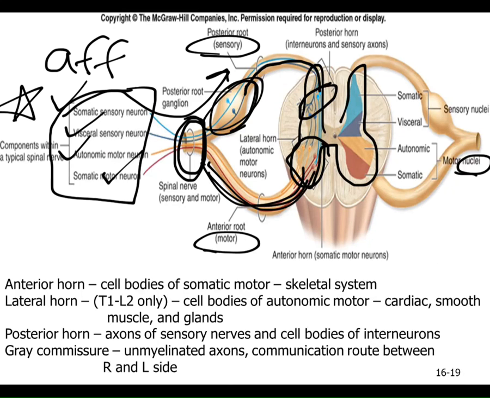Nuclei. So these two horn areas are motor nuclei, aren't they? They're gray clusters surrounded by white stuff. And the two blue horn areas would be considered sensory nuclei. What do you think?